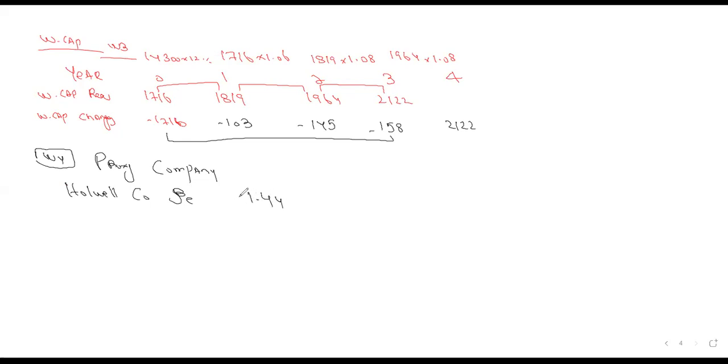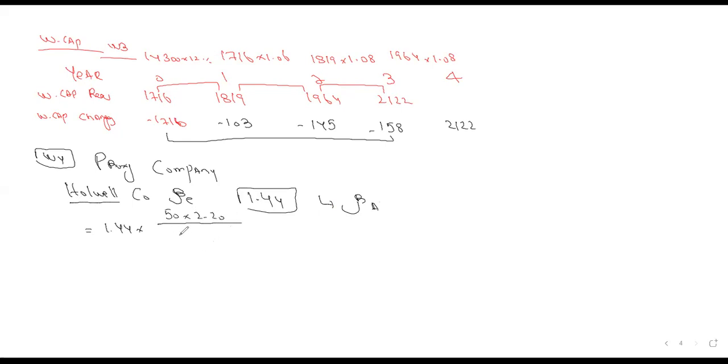We will convert this beta equity into beta asset. Apply the formula. You know, beta asset is equal to beta equity, which is 1.44. What was the market value of this proxy company? The number of shares were 50 million, per share value was 2.2.